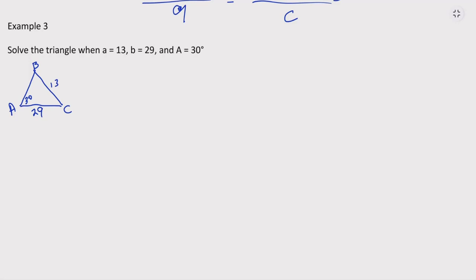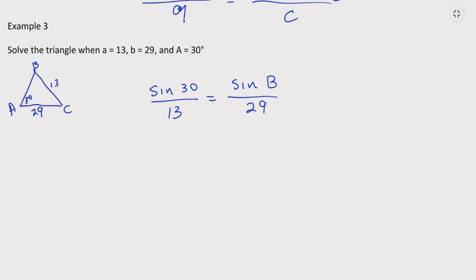This would be the sine of 30 over 13 equals the sine of B over 29.